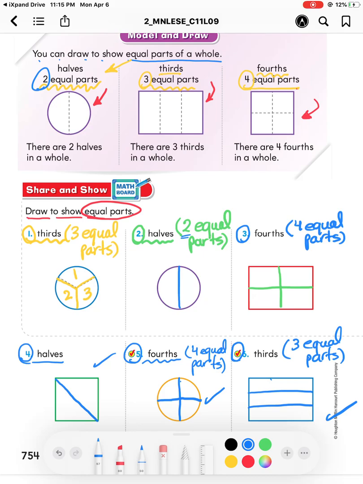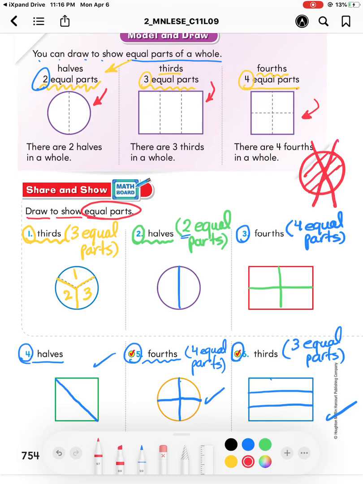So as you have seen here, we can draw in many different ways. What is the most important thing is to draw the correct number of equal parts, and they should be equal, okay? I can't draw a circle like this and say, okay, you need 4 parts, so I will draw it like this.